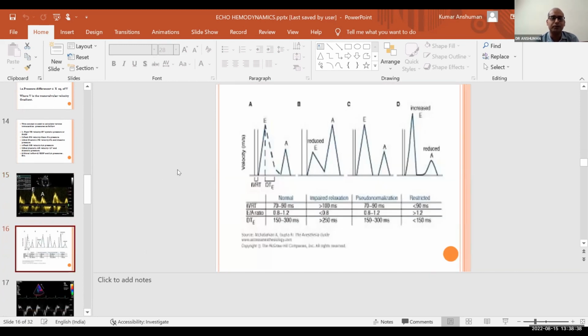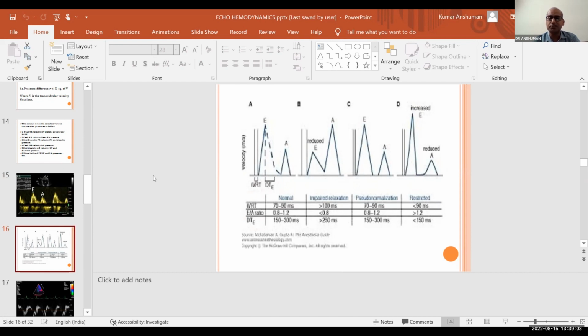This is very important because many times EF may be normal or EF may be low, and with these diastolic dysfunction parameters, you decide about the treatment pattern, and many times you decide about the cardiac disease as such, because diastolic dysfunction is the first thing which is going to be affected in a cardiac condition like MI or angina.